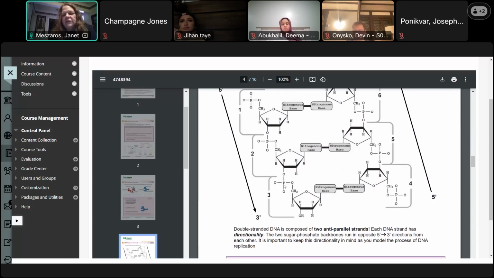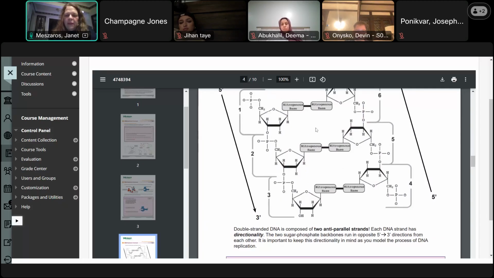This phosphate is going to form a bond with the OH from the 3' carbon above. This is the 5' carbon for this nucleotide. This is the 3' carbon for the nucleotide above. Now they're bonded together. Let's say that base is a C, cytosine. So this is a cytosine nucleotide. This we said was a guanine nucleotide, and this was an adenine nucleotide.